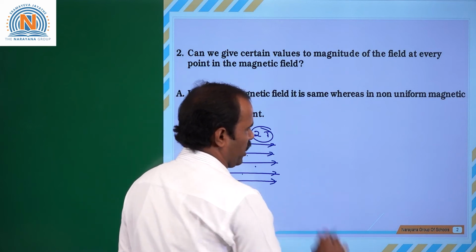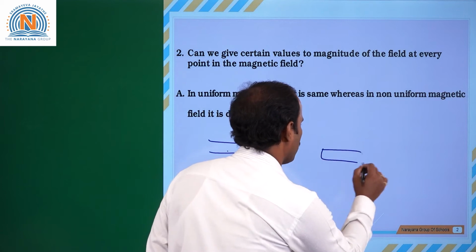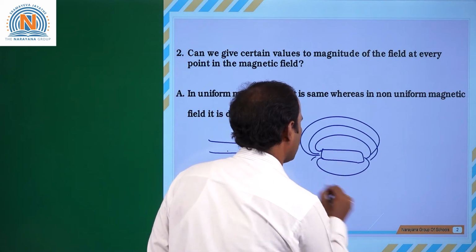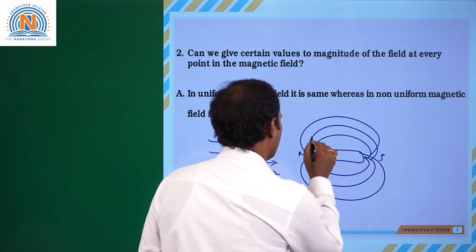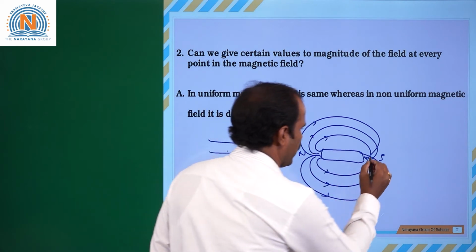Whereas a non-uniform magnetic field is, for example, the field produced by a bar magnet.